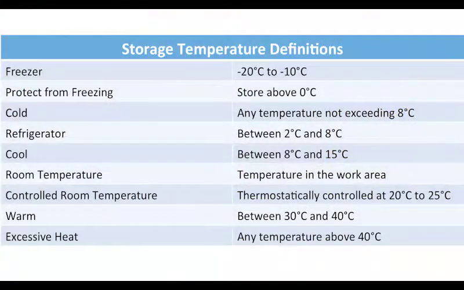Materials that specify storage temperatures need to use the definitions listed in the following table. In this particular example here, we have temperature storage. We see everything from freezer, cold, refrigerator, room temperature. And if the product that you are using identifies any of these, we need to make sure that we adhere to those. We also have label regulations.